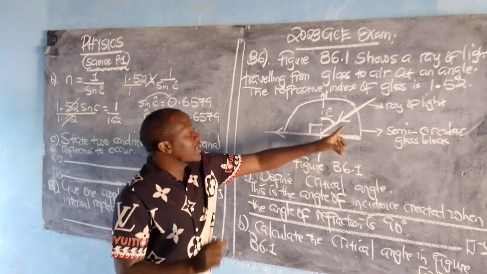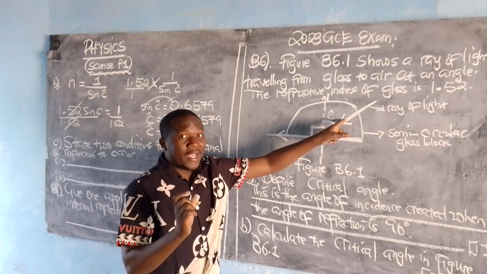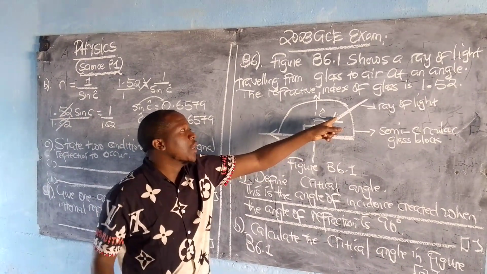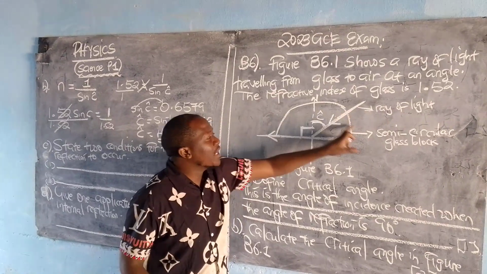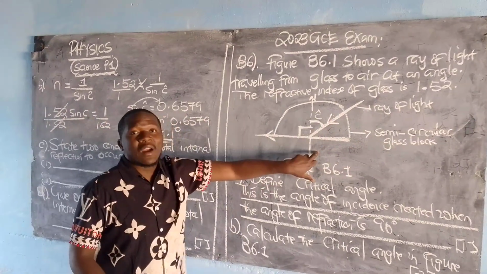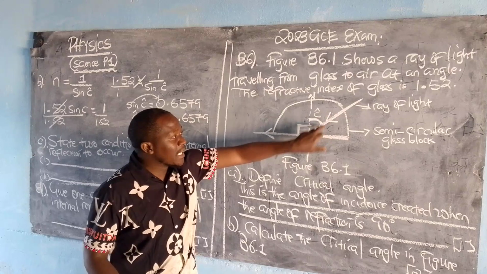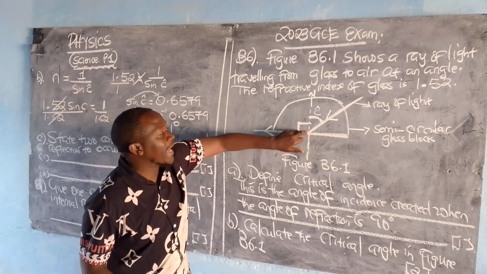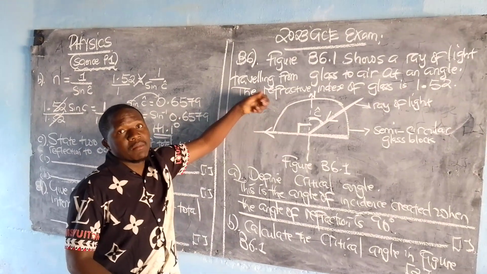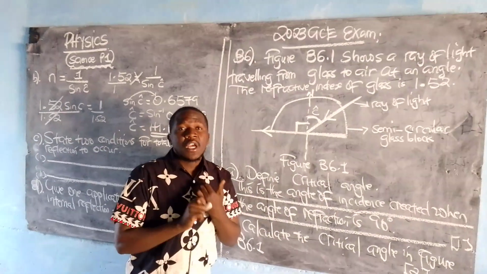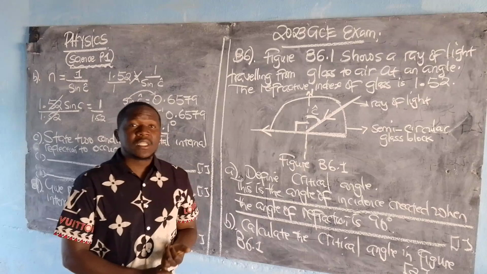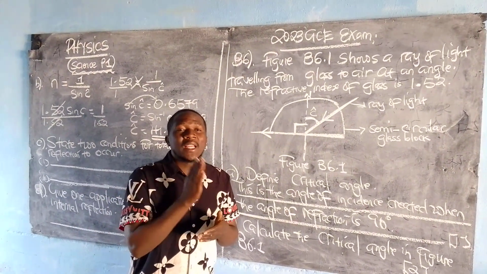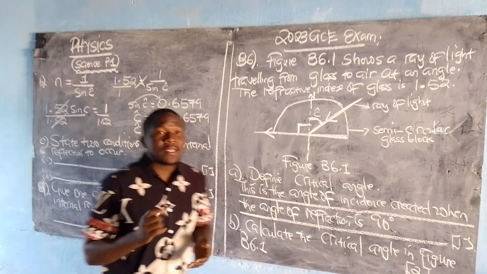As observed, a ray is a path taken by light from its source to where it's heading to. So this ray of light is traveling from glass into air. As it is traveling from glass into air, it's going to internally reflect back into the medium. So one, the angle of refraction should be 90 degrees. Two, the ray of light should be moving from a denser to a less dense medium.